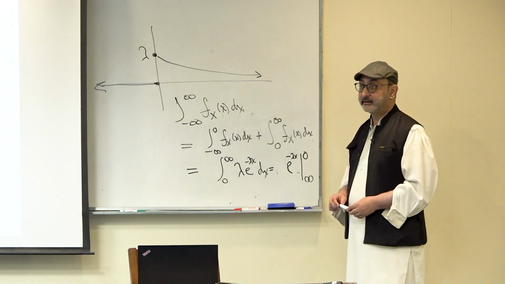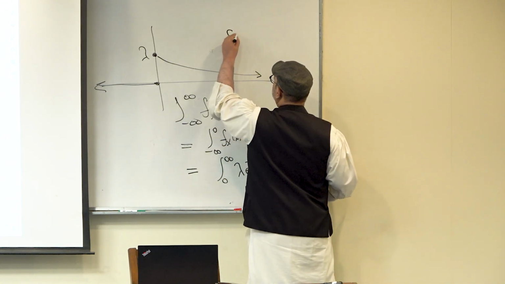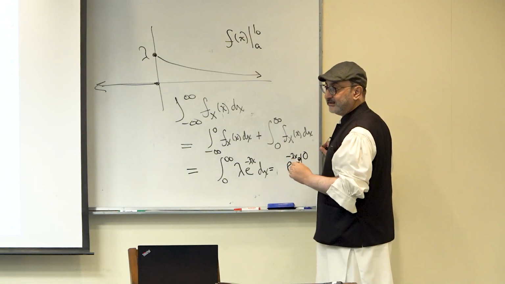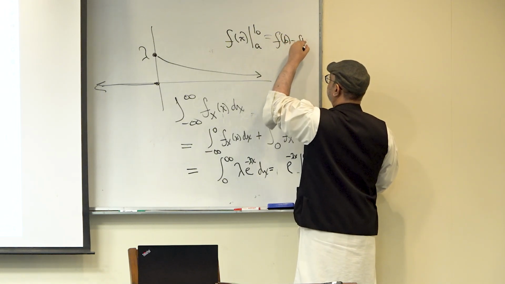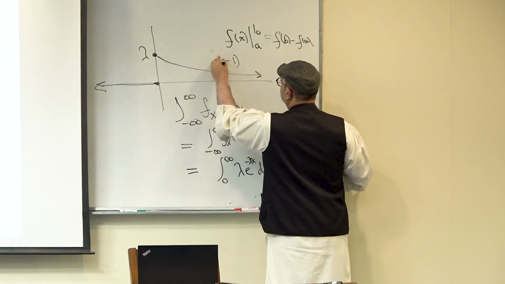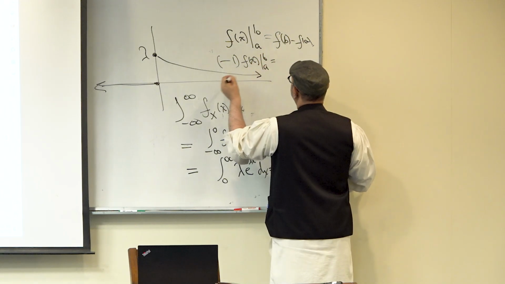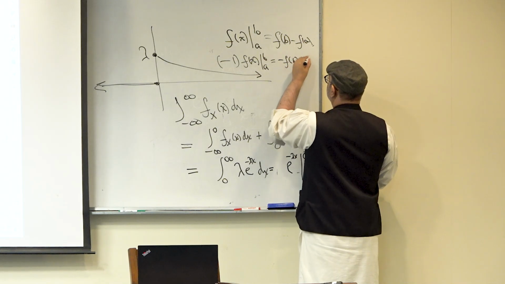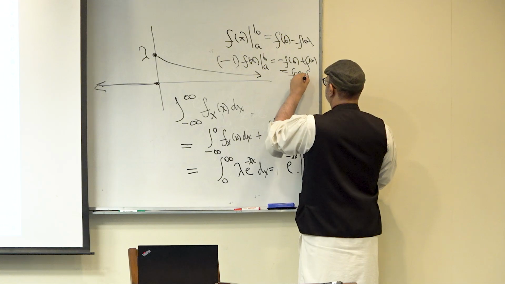Yeah. Can you please explain what is happening? Yeah, if I have f of x evaluated at a and at b, I mean f of b minus f of a, right? If I have minus 1 times f of x evaluated at a and at b, that would be minus f of b plus f of a, which is f of a minus f of b.